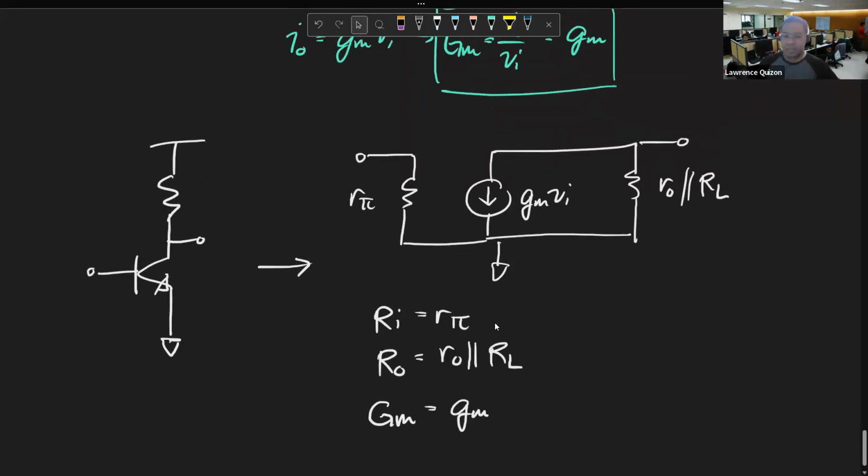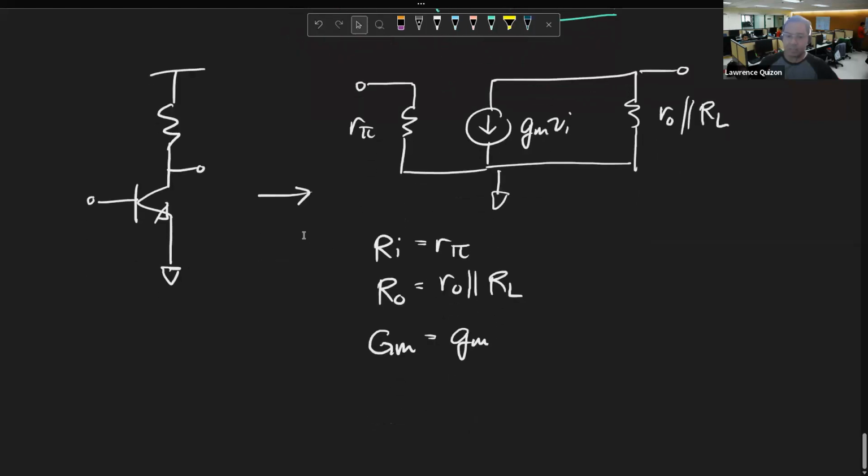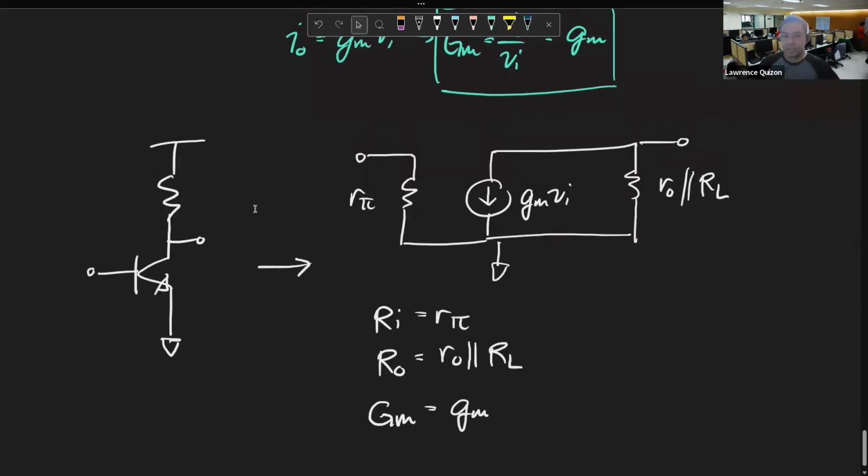So the only thing that really changed from the BJT model is the fact that the load resistance is there, causing us to reduce the output resistance.